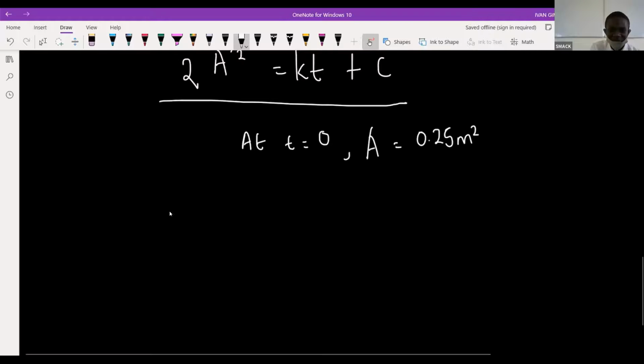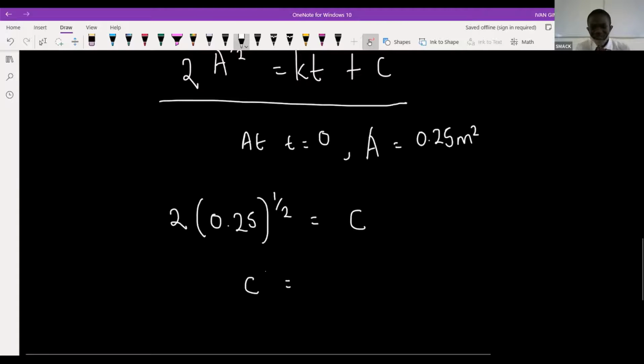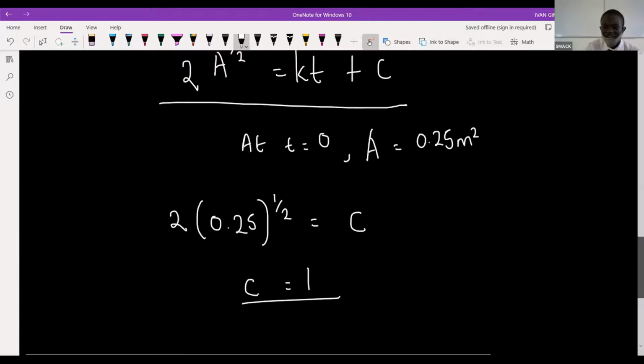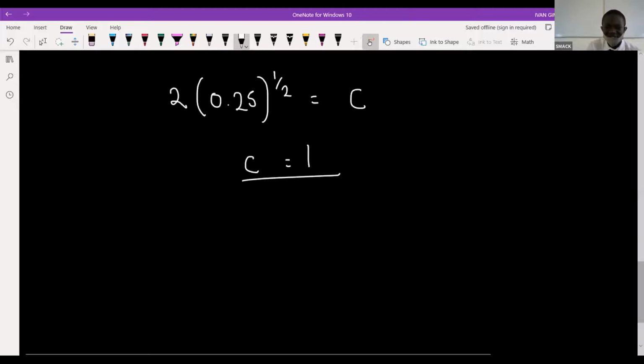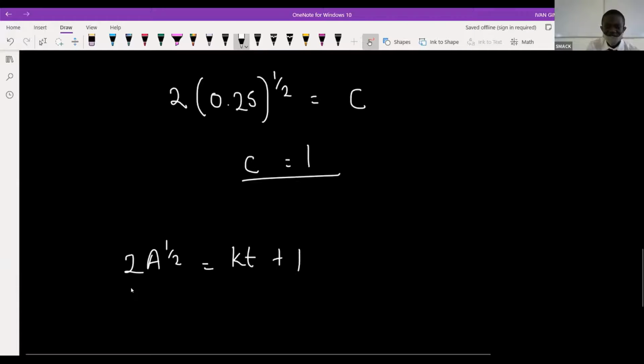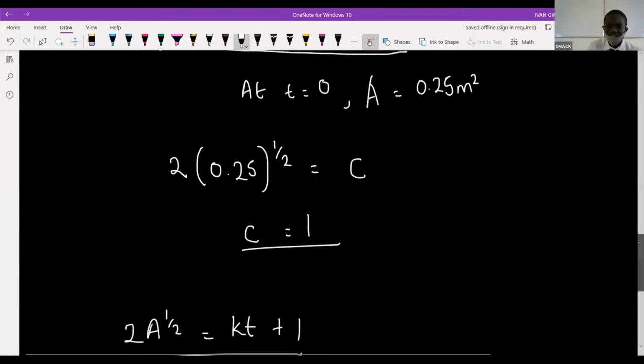We replace into our equation: 2 times 0.25 to the power a half is equal to 0 times k, which is 0, so we remain with c. The square root of 0.25 is 0.5, times 2 is 1, so c is 1. So our equation again becomes 2A to the power a half is equal to kt plus 1. So we proceed to finding the k.